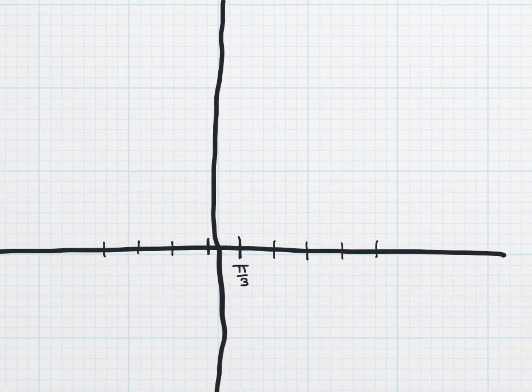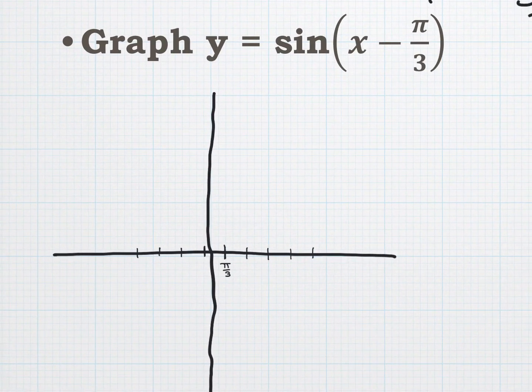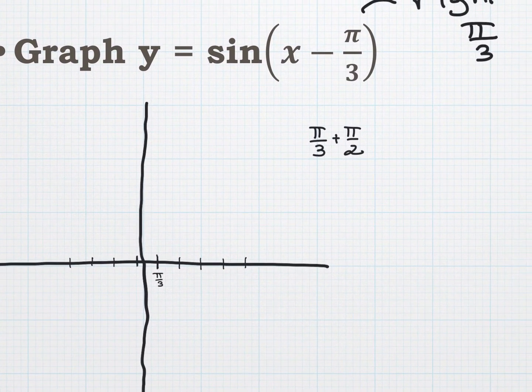Now, to get the labels for these points, what I'm going to do is take my starting point, and as I said before, all of these are going to be spaced 90 degrees apart. So what I'm going to be doing is adding pi over 2 each time to get my additional points. Now, notice here I need to find a common denominator. My common denominator is going to be 6.